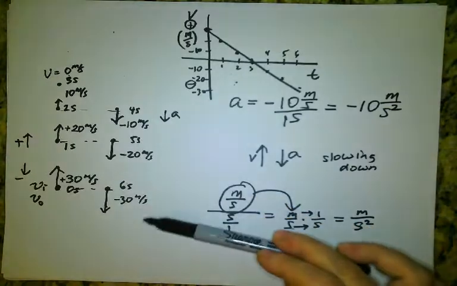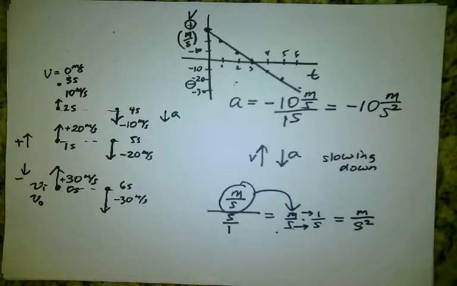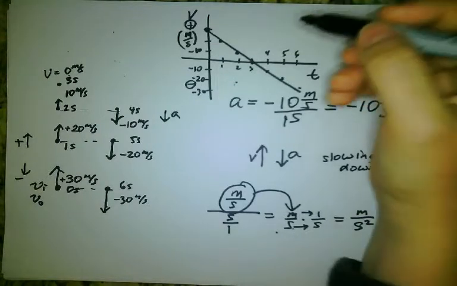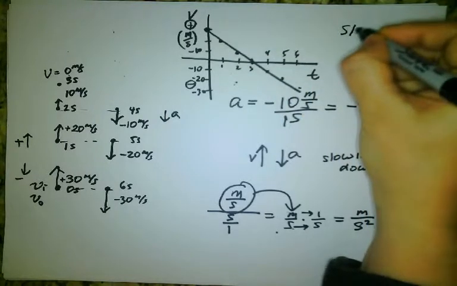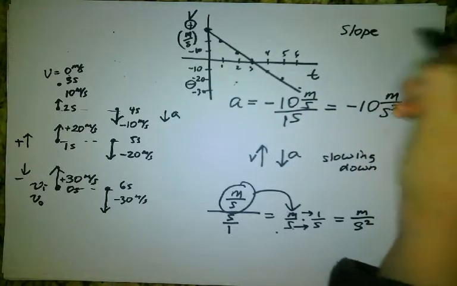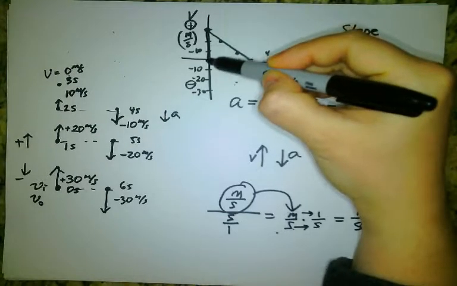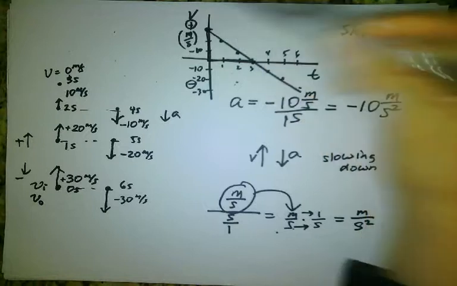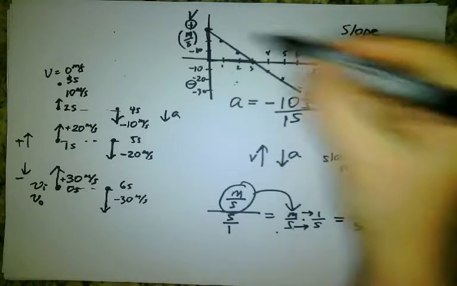Notice another thing here: what does the slope of this graph mean? The slope on a velocity time graph is calculated as rise over run. Bam. So we have a rise of, what is this, 30 meters per second. And then you have a run of 3 seconds, right?